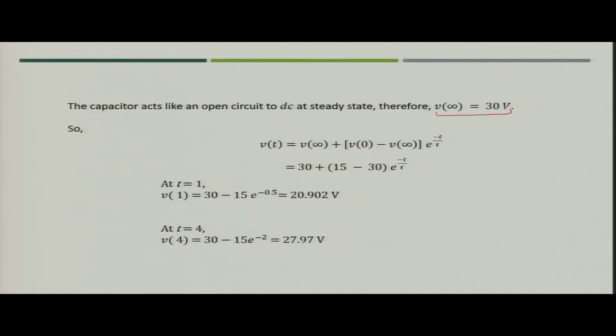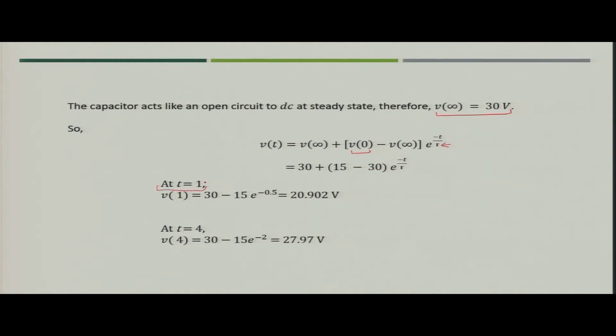That is the steady state value of voltage V, 30 volt. V0 we have calculated already, that is 15. So you put the value of these two components and the time constant, and you get the voltage at any time t as 30 plus 15 minus 30 into e to the power minus t by tau.